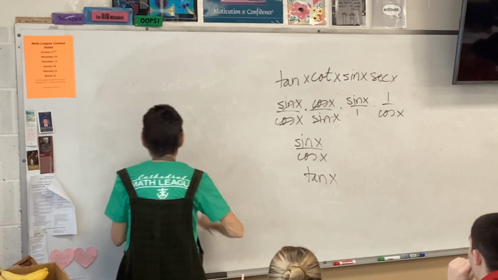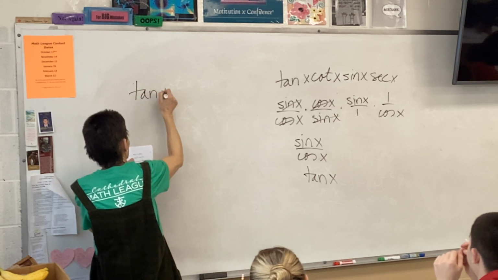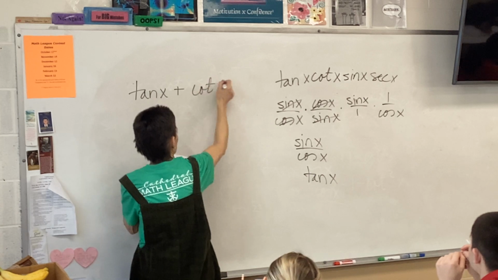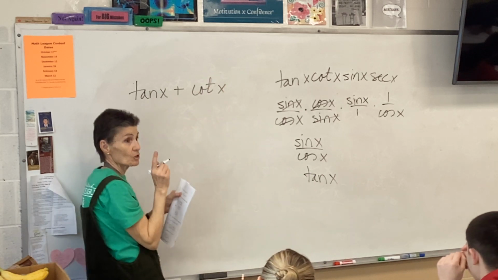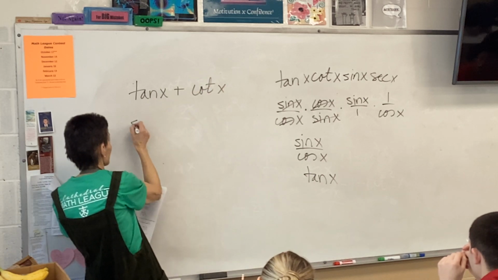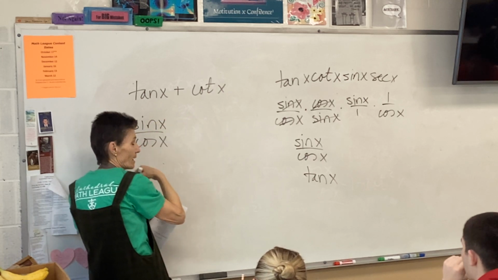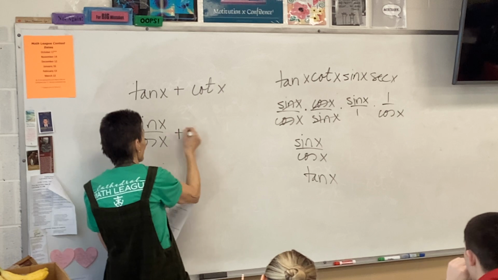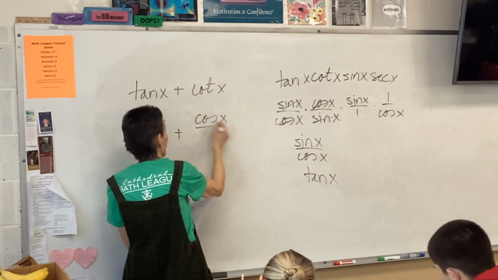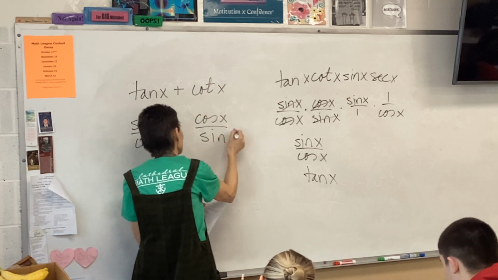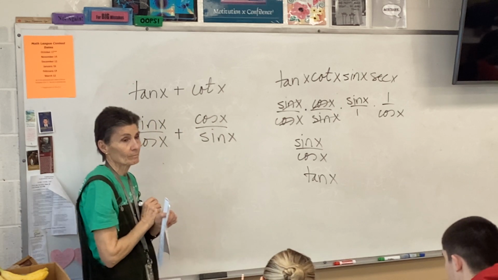Now be careful on this one. What's different about number 12? That's addition. Now I can still change my sine and my tangent and my cotangent. But what can I not do? Cancel.